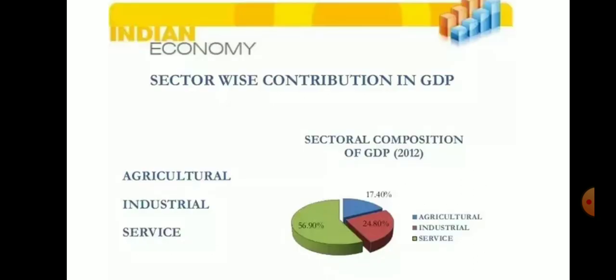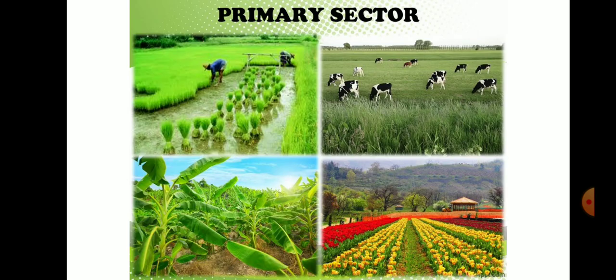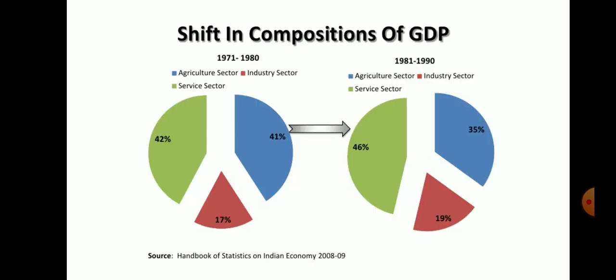We'll move on to the sector-wise distribution in GDP. Primary sector, secondary sector, and tertiary sector. You know very well what the primary sector is, isn't it? It is agricultural products, herding, and mining, all the red collar jobs are called the primary sector. So this is how the composition of GDP has been given for the nation.